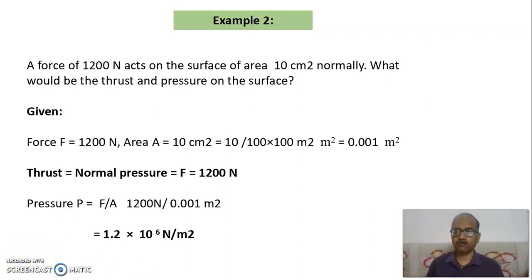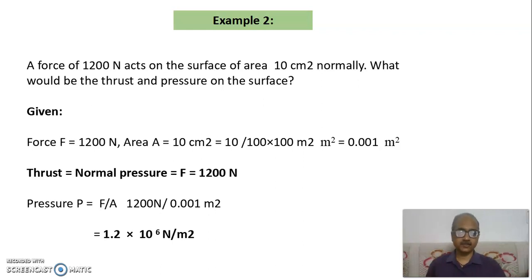Example 2. A force of 1200 Newton acts normally on a surface area of 10 centimeter square. What would be the thrust and the pressure on the surface? In this question, you come across the words normally and thrust.